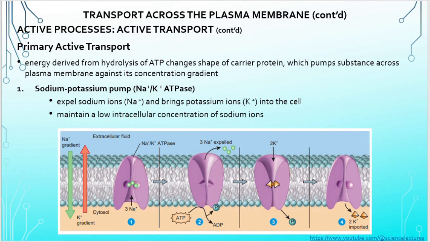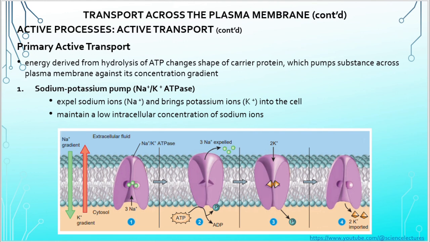Because sodium ions and potassium ions slowly leak back across the plasma membrane down the electrochemical gradients, basically through passive transport or secondary active transport, the sodium-potassium pumps must work non-stop to maintain a low concentration of sodium ion and a high concentration of potassium ion in the cytosol. The figure on this slide depicts the operation of the sodium-potassium pump.